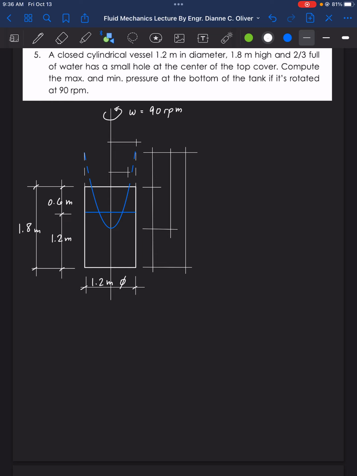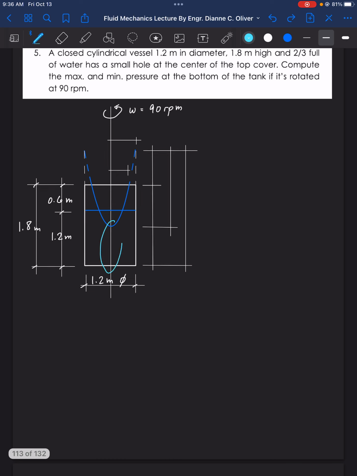Now we're going to look for the minimum and maximum pressure at the bottom of the tank if it is rotated at 90 RPM. So to find the maximum pressure, that will mean that this is the location of the minimum pressure wherein the height is lower. This is the lowest height that the water can attain while it's being rotated.